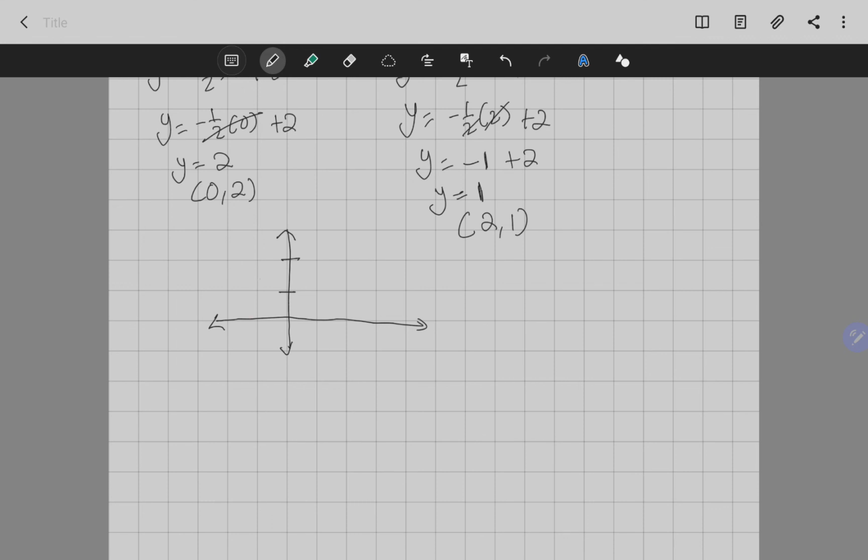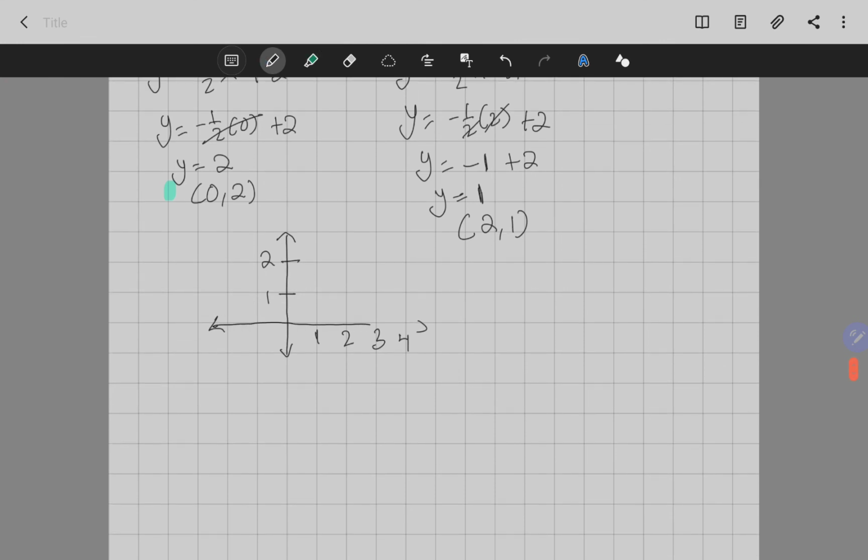I got 1, 2. I got 1, 2, 3, 4. So let's look at this. For the first one, 0, 2. That's 0. It doesn't move. Oops. Sorry about that. The first one is 0, 2. So 0 up 2.